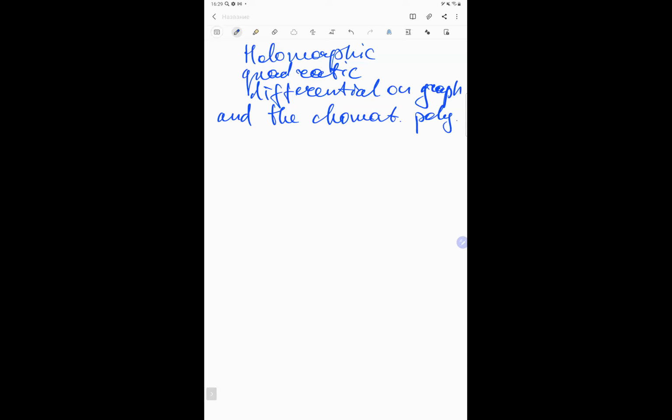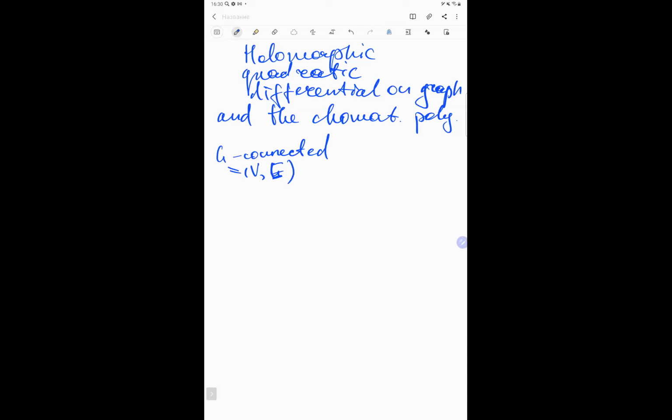So, first of all, I would like to remind you some definitions. Их нужно же напомнить? So, we have G, a connected graph, the set of vertices and edges.